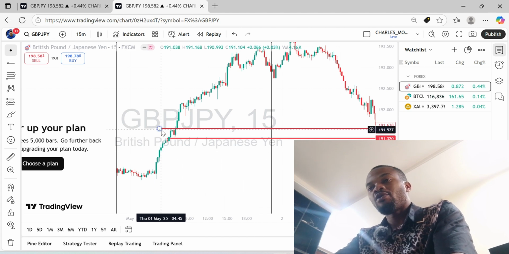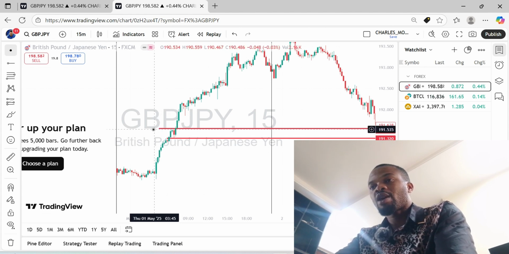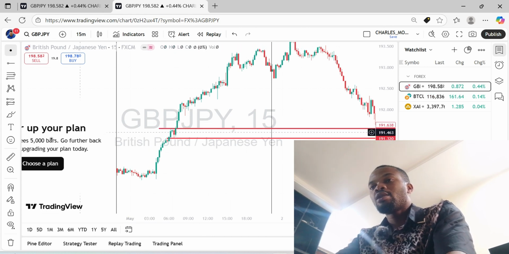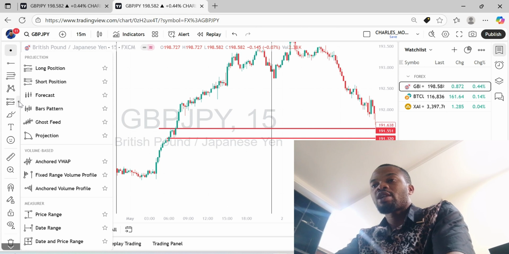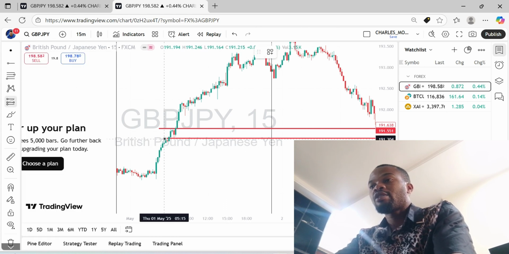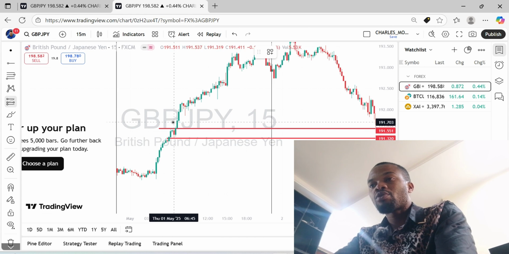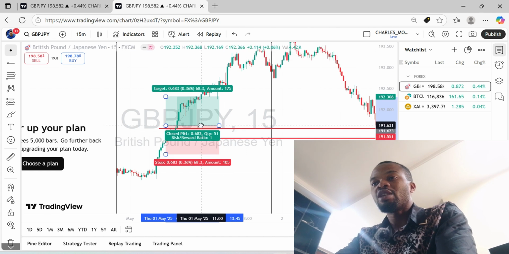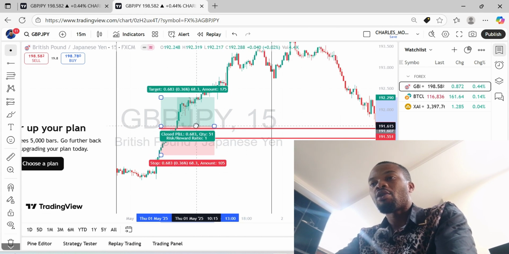So if you watch from here now, after I've marked out my horizontal line and this spot here, the market broke to the upside. So automatically, if I was active on that day, my entry would be at any angle of this bullish candle, maybe here or here or here.